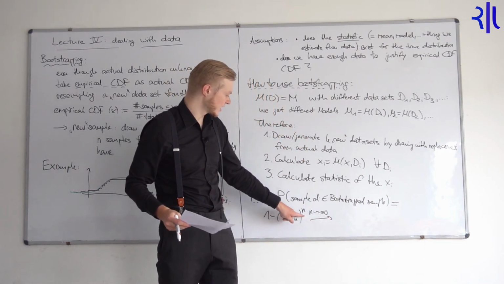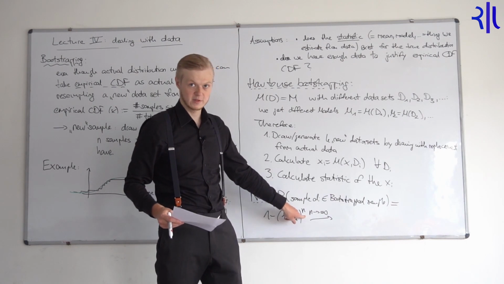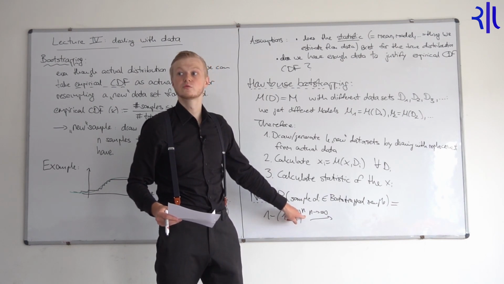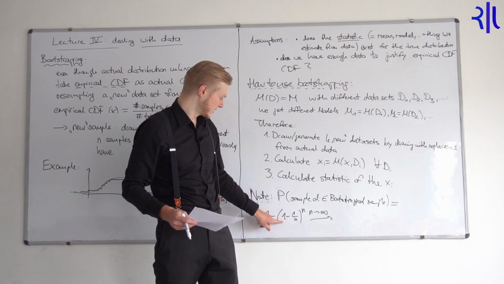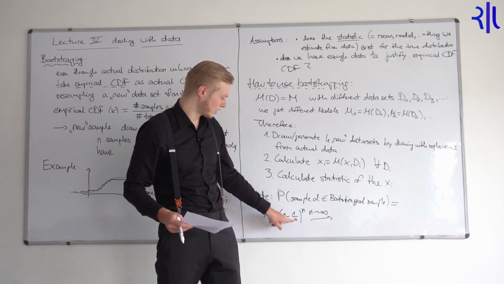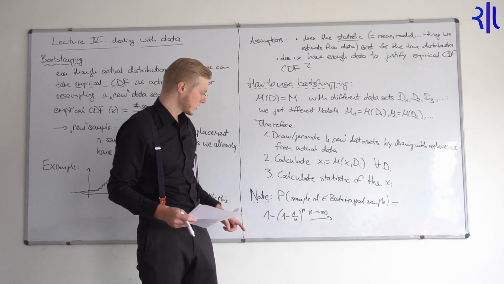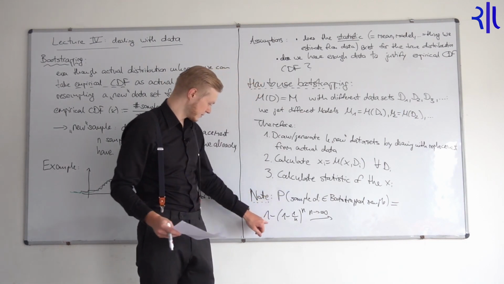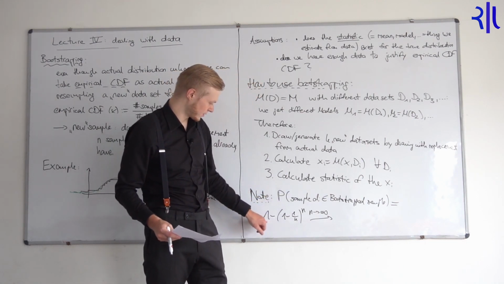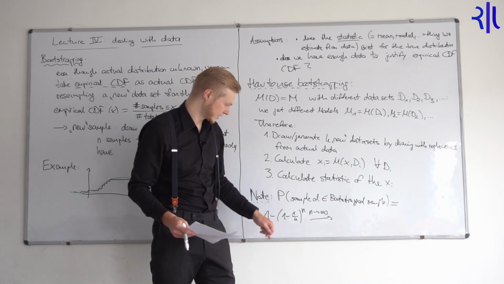You draw n new samples, and the probability that you do not pick it every time is then (1 minus 1 over n) to the power of n. And for the probability that you picked it at least once, it is then 1 minus this.